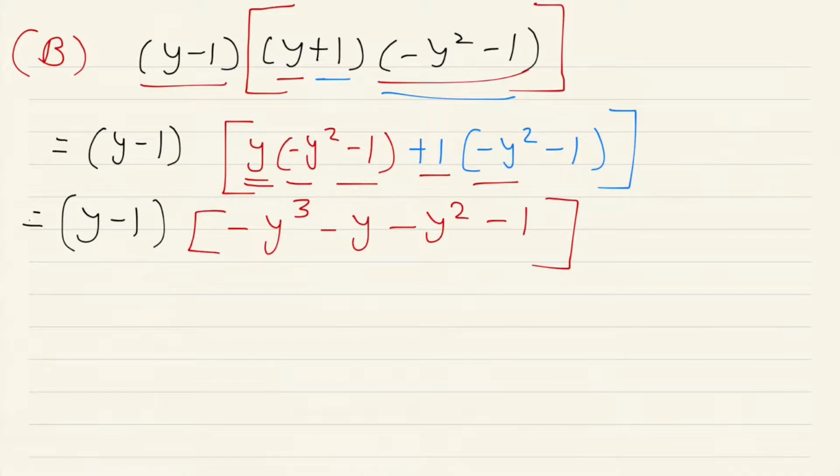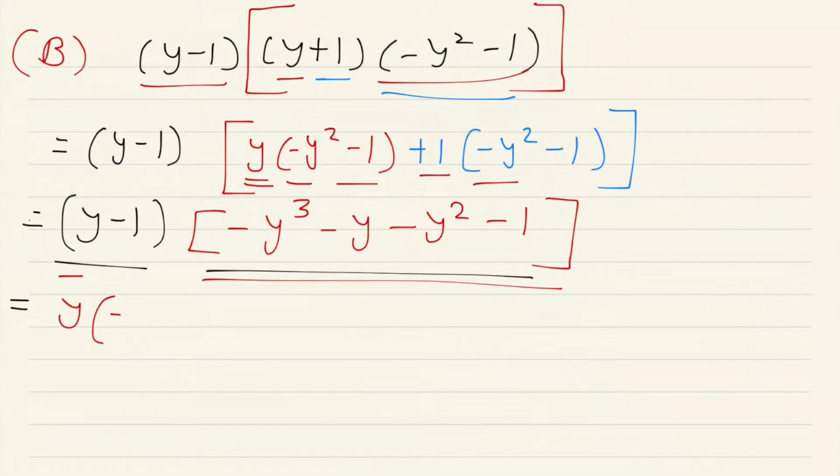So now we only have two expressions left, y minus 1 times the second expression. So we can do that multiplication now. Remember, we have to multiply two expressions at a time. So that's the first term, y, times the entire second expression.